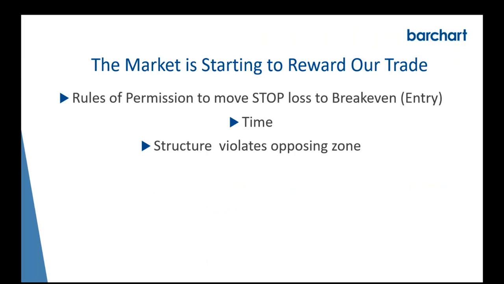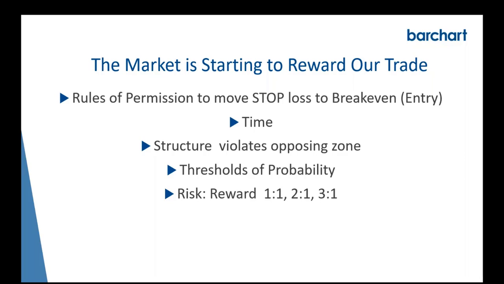So once price reaches our first target, that would give us permission to move our stop to break even. We can start talking about things called thresholds of probability. Some of the thresholds of probability that we can talk about are, again, those risk reward ratios, that 3-to-1. Once I get 3-to-1, I'm going to move my stop to break even.